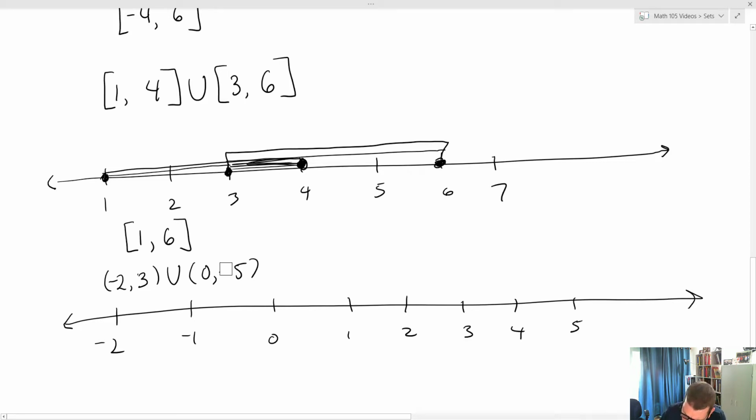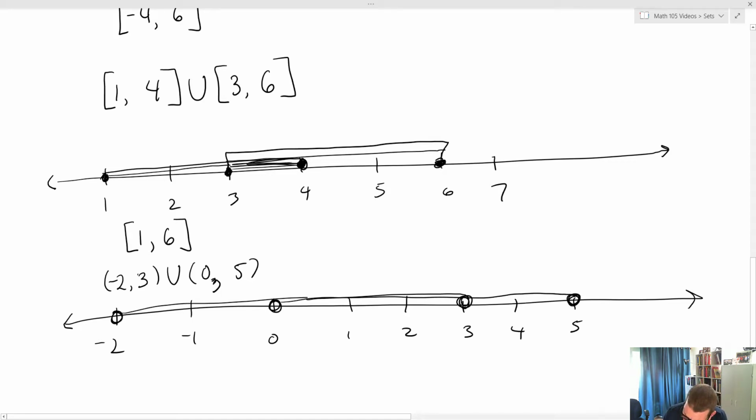I'm going to say, okay, I've got -2 going up to 3, but we're not going to include -2 or 3 because we've got the parentheses. And then we'll have 0 to 5.